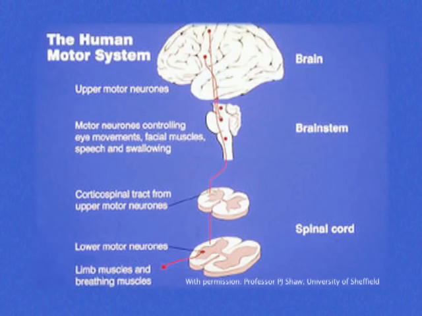The anatomy of the motor system can be separated into upper motor neuron and lower motor neuron components. The upper motor neuron includes the corticospinal tract and connections to brainstem motor nuclei. The motor system is also strongly influenced by the basal ganglia and the cerebellum.